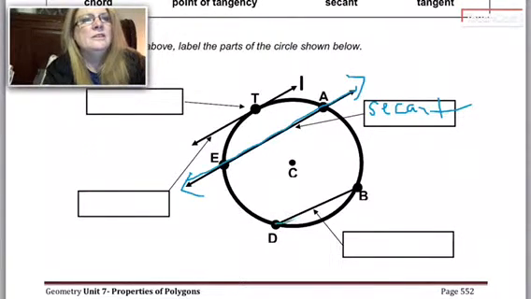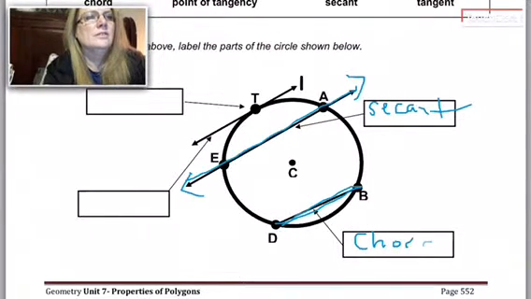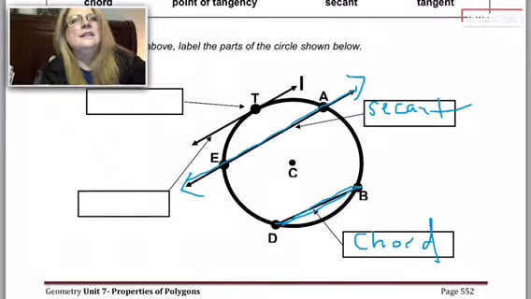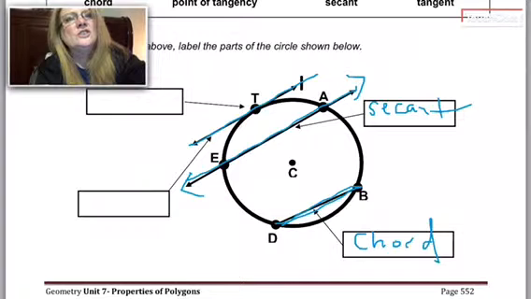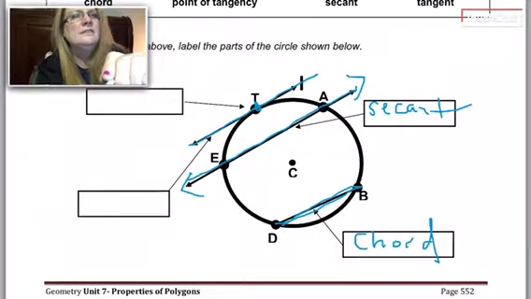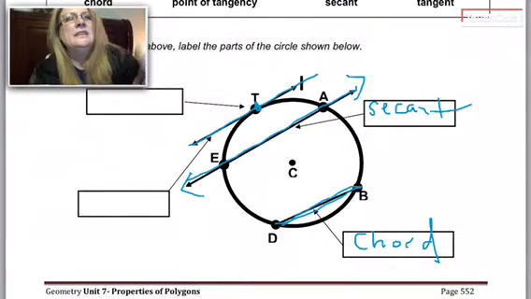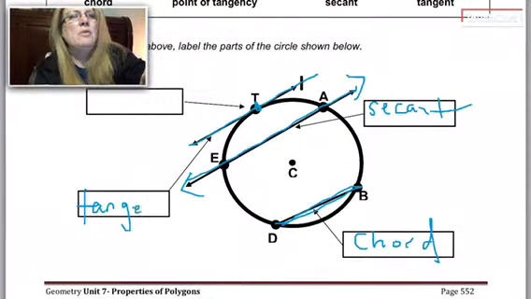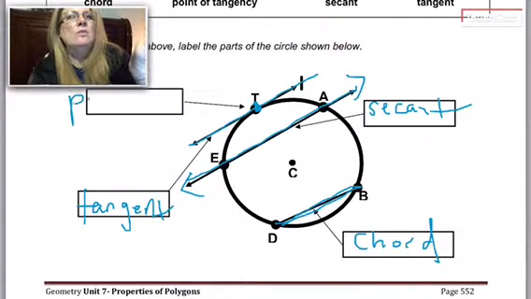Now DB, where it begins and ends on the circle, this is called a chord. And then this line right here, where it just touches the circle at one point, is called a tangent line. And the point where it actually touches the circle here at T is called the point of tangency.